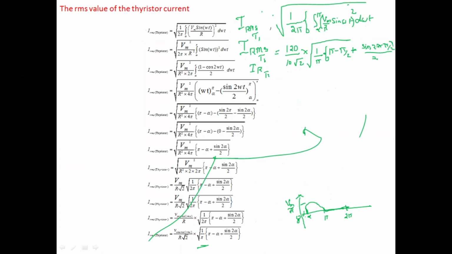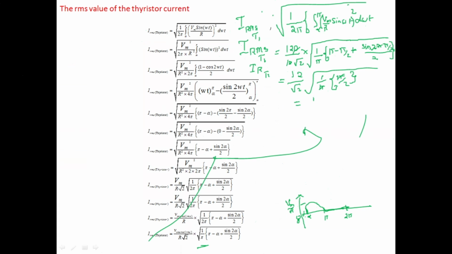What is remaining here is 120, 10, 10 cancel each other. 12 divided by root 2, 1 by pi, 1 by pi. This is pi minus pi by 2, pi by 2. And this is sine 2 pi, sine pi is 0. Then again this pi cancel each other.